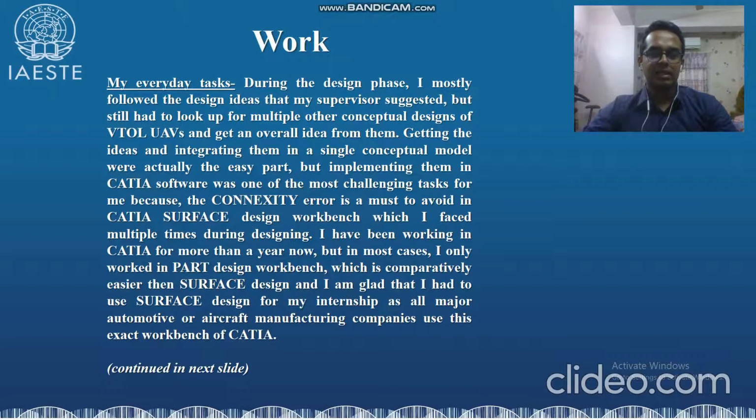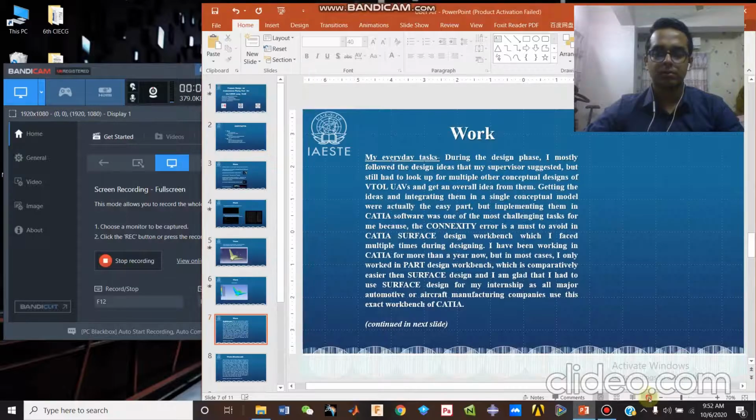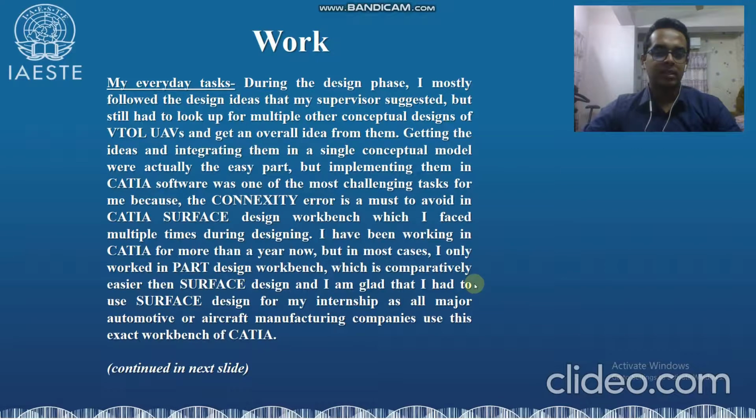Getting the ideas and integrating them in a single conceptual model was the easy part for me, but implementing them together in CATIA was a bit challenging, because connectivity errors must be avoided in the CATIA surface design workbench, which I faced multiple times during designing.